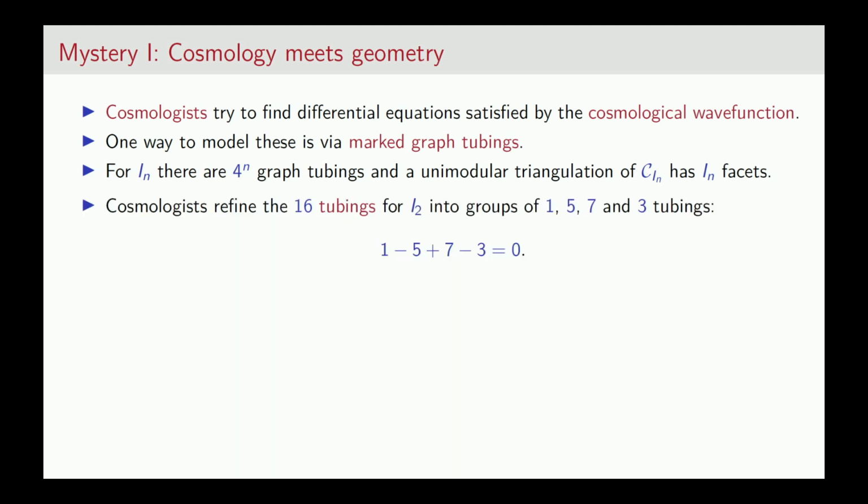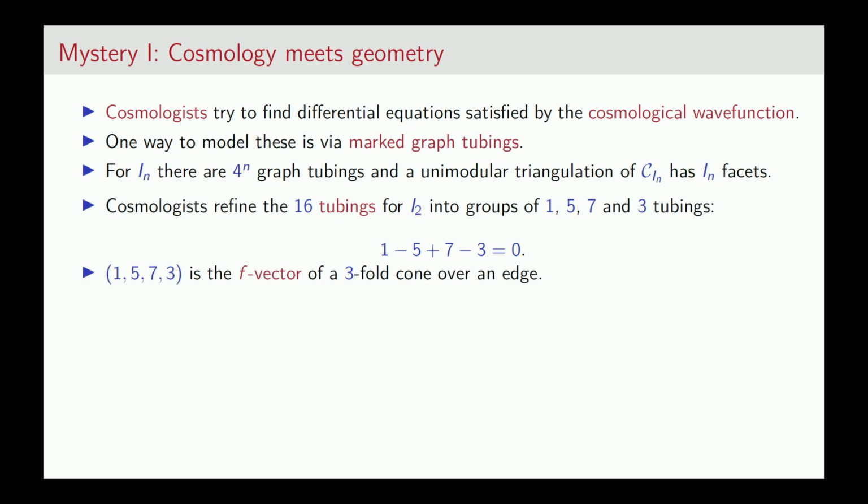Similarly, for some reason, they take these graph tubings and they refine them. So somehow they come in different layers and different levels. In the case of the path with 2 edges, the way they define them, they have 1, 5, 7, and 3 tubings in certain groups. If you take the alternating sum, you get 0. So this looks like an Euler characteristic, and it is.